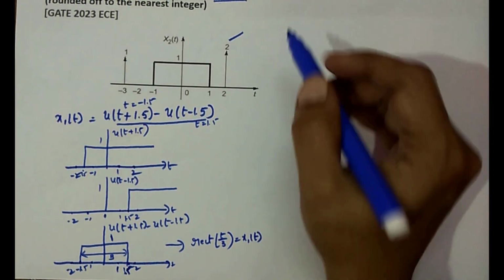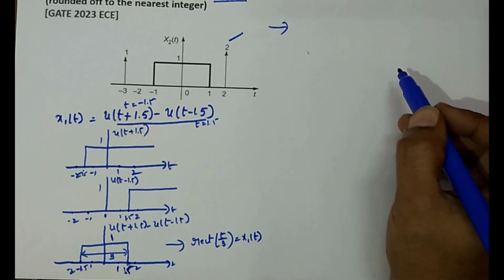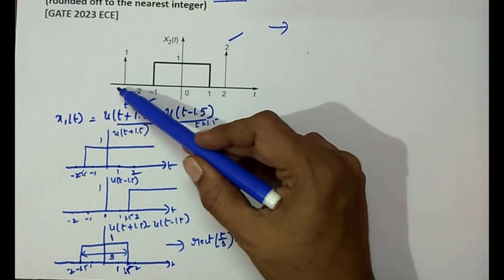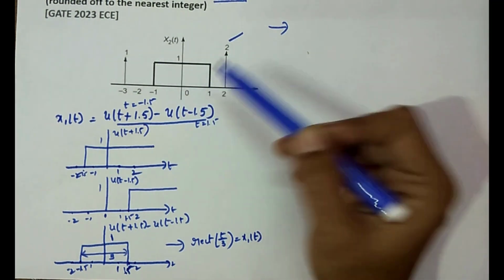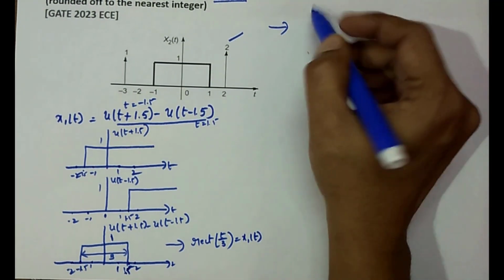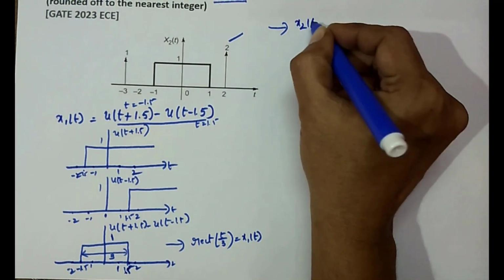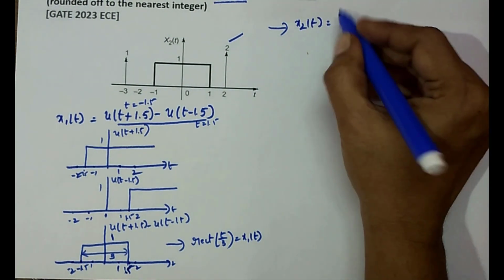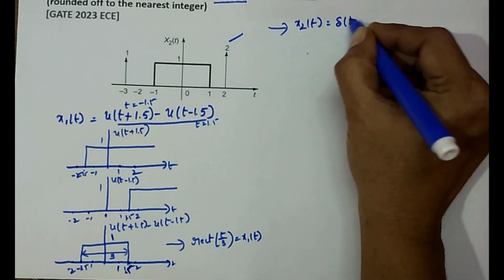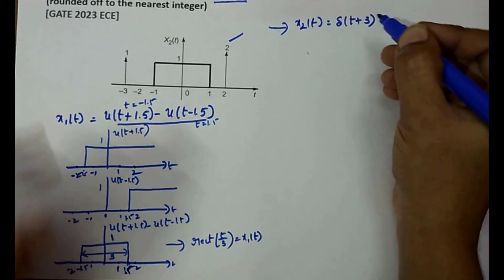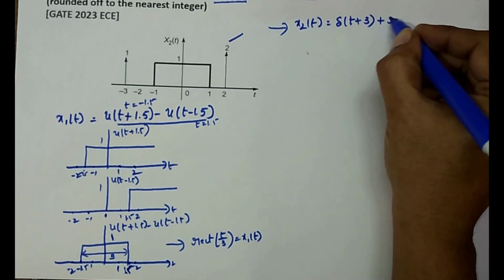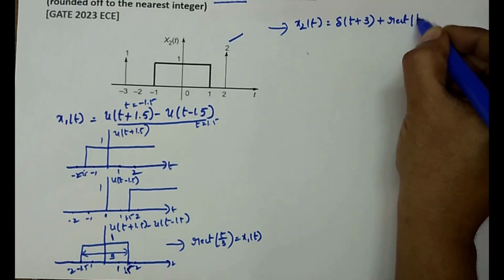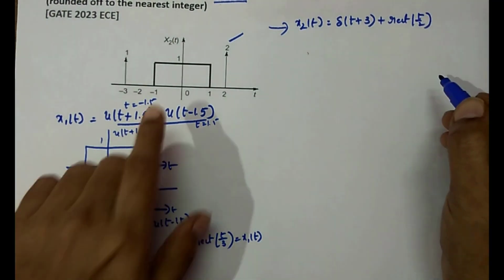And what about this x2 of t? See here, x2 of t consists of two impulses at minus 3 and 2 and one rectangular pulse. So totally your x2 of t can be written as delta of t plus 3 for this impulse, plus rect of t by 2, as the period is 2.